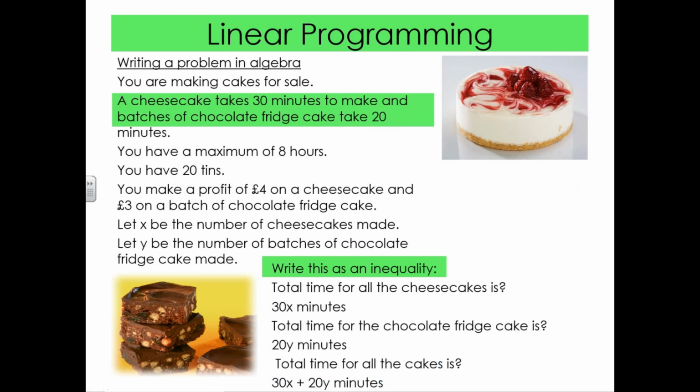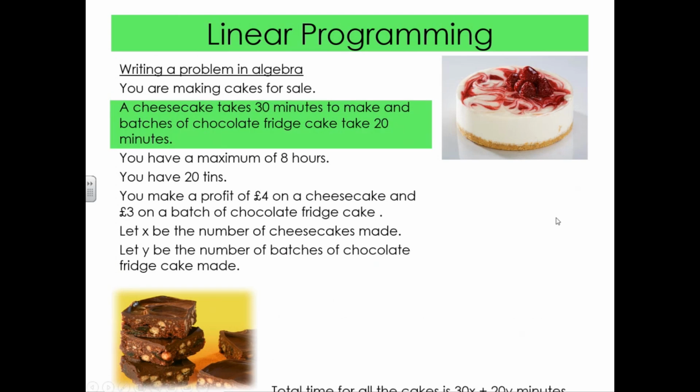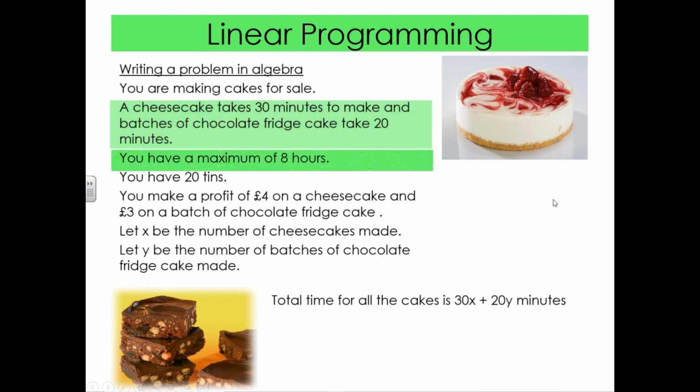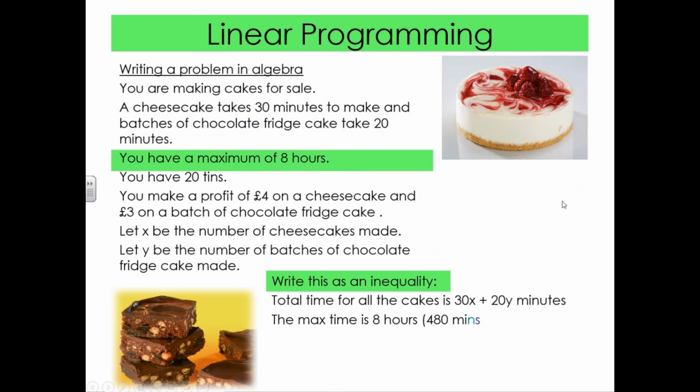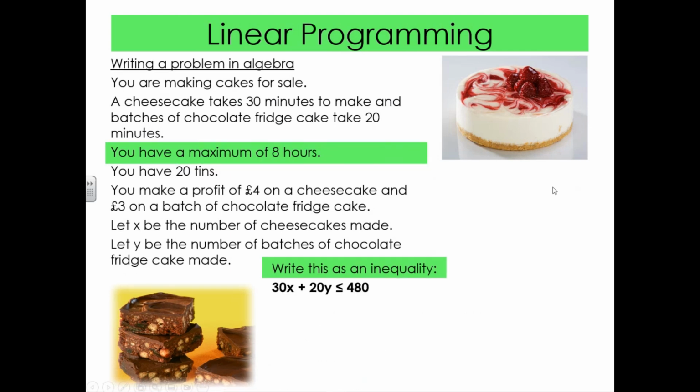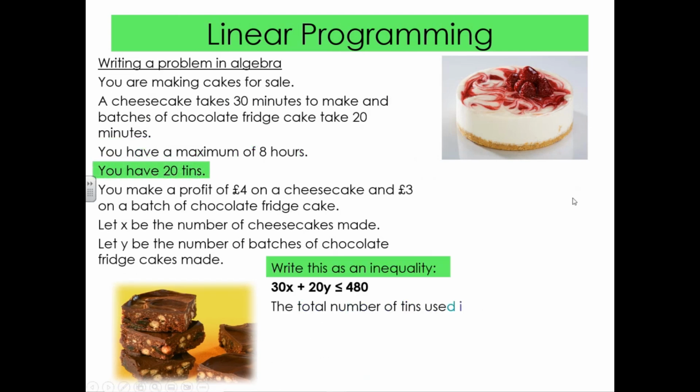That has to be less than 8 hours, which is 480 minutes. So the inequality is 30x plus 20y is less than or equal to 480. You can simplify that by dividing through by 10. You can leave it as it is, or write it as 3x plus 2y is less than or equal to 48.